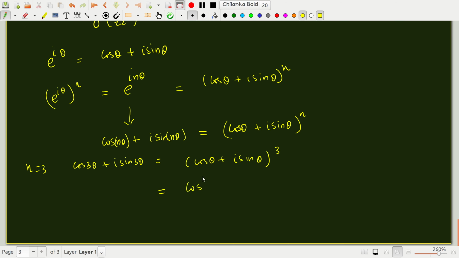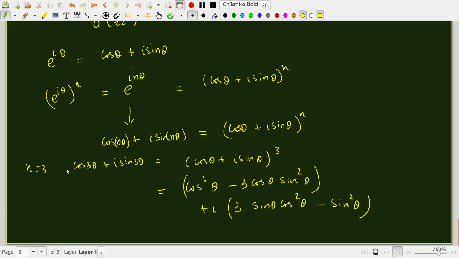This is a cube minus 3ab squared, because you have i squared, plus 3a squared b, so a cube plus 3a squared b plus 3ab squared, right? So you will have i squared, which is minus 1. So it's cos cube theta minus 3 cos theta sin squared theta. This is the real part, and then if you calculate the imaginary part, you will get 3 sin theta cos squared theta minus sin squared theta.